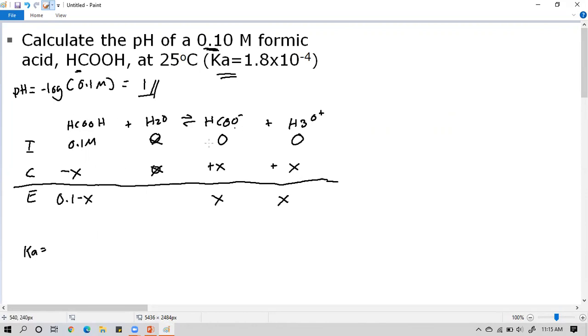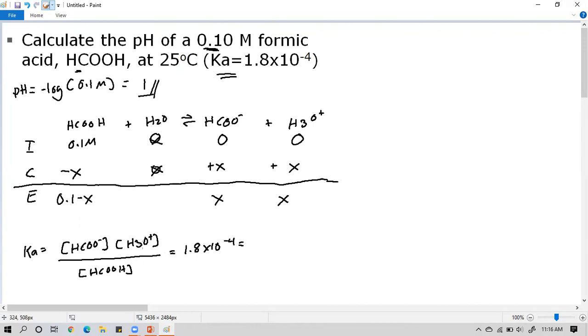Now, the expression of the equilibrium here, di ba, is product all over reactant. So therefore, concentration of formate ion times the hydronium ion all over the HCOOH, ayan, na may value na 1.8 times 10 raised to negative 4.